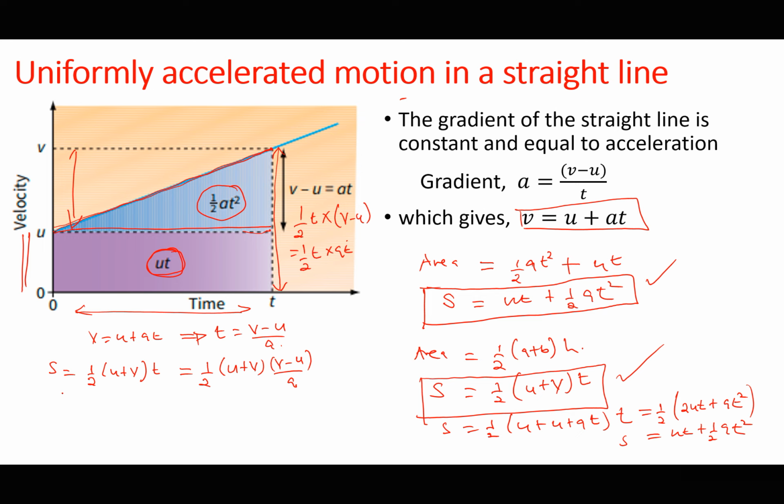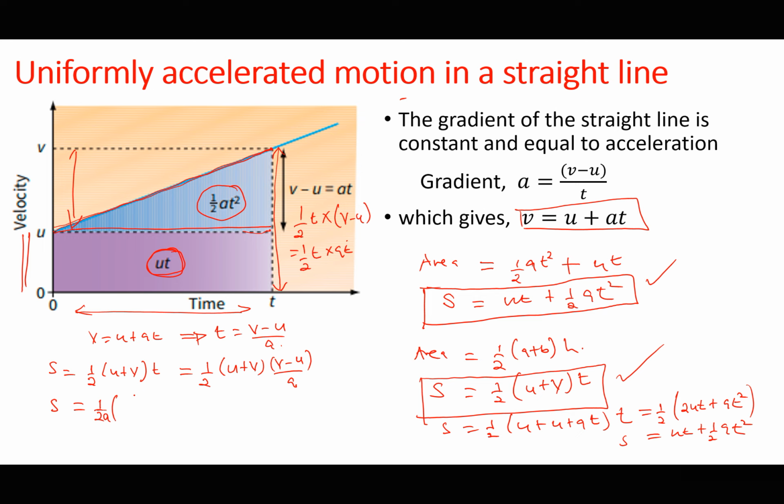A math student should be seeing a difference of two squares here. So this is going to be a half. There's an a here, but u plus v times v minus u is a difference of two squares. Or maybe someone who is not doing math may not see it as a difference of two squares. I will just multiply. If I open the brackets, there's an a in the denominator.